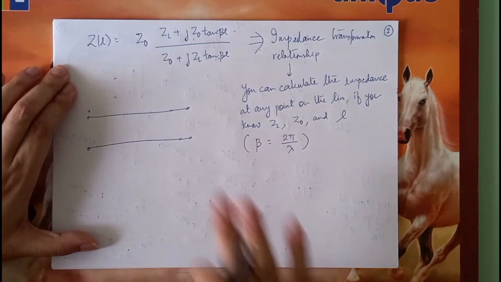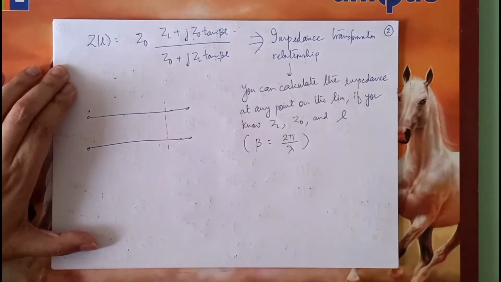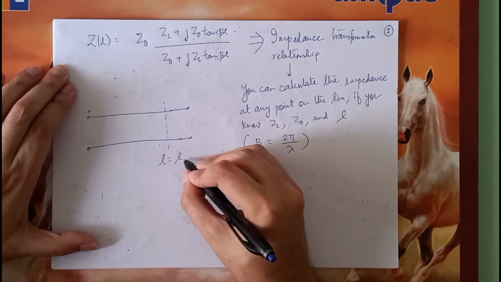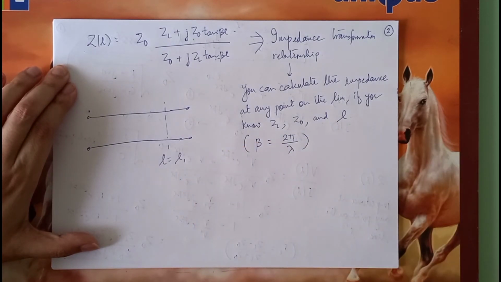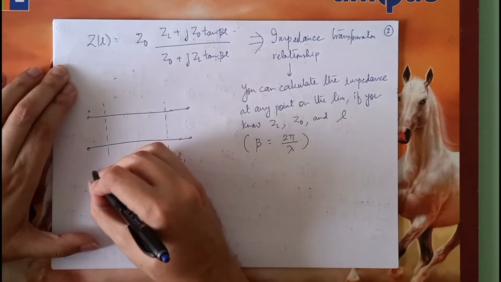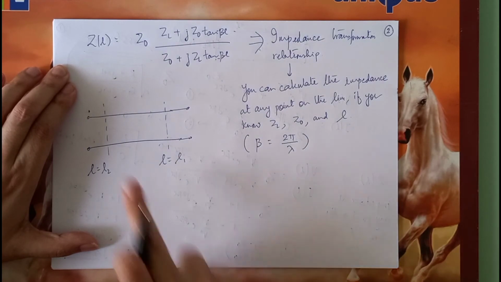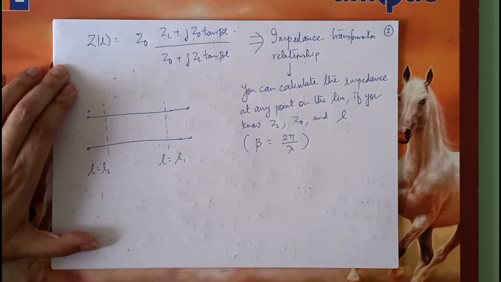Let's say I do not know the load impedance, but I know that there is some point where L equals some value L1, and there is some other point L that is equal to L2, such that these two points are separated by a distance of a half wavelength.